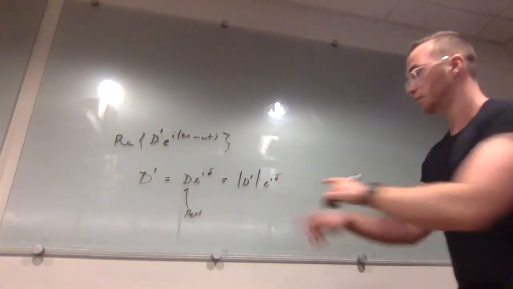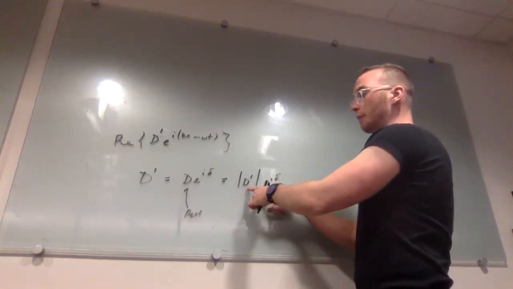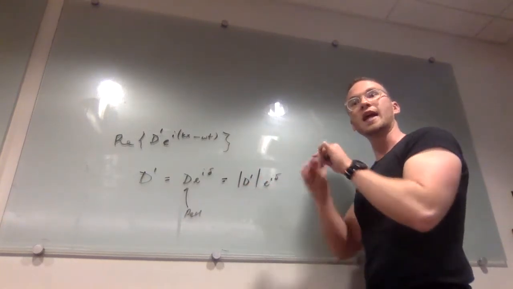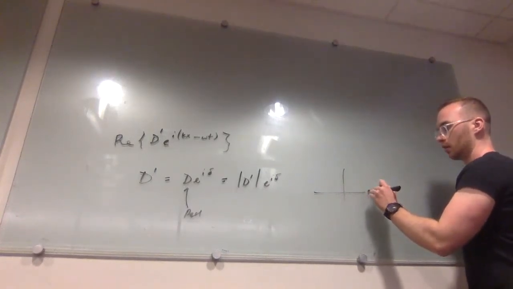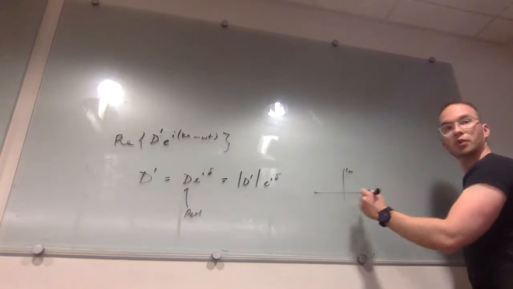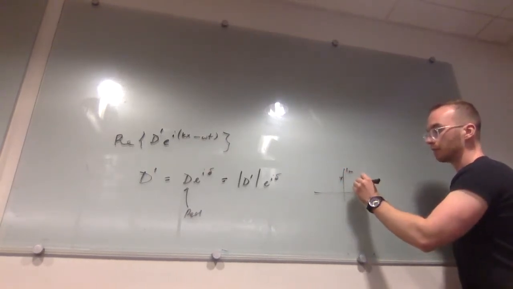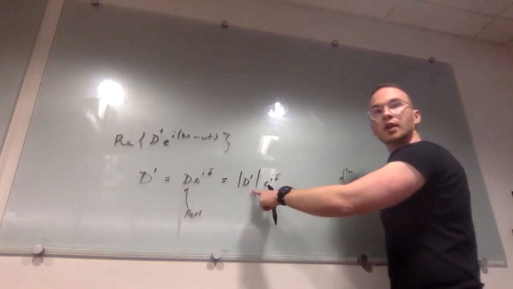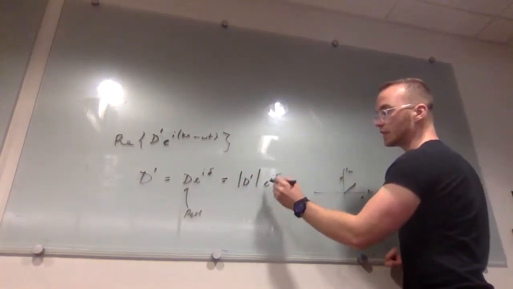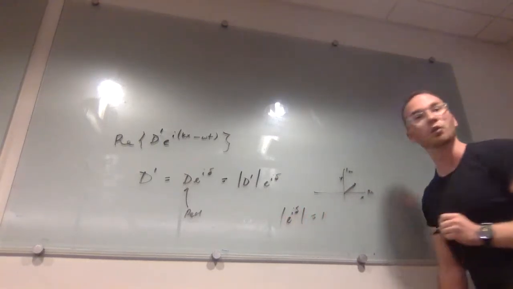The absolute value, or the modulus as sometimes they call it, of a complex number is just the length. Complex numbers live in this plane of x plus iy, right? So this is the y and this is the x. And the length of this vector is called the modulus. And for a phase, e to the i anything, the length is exactly 1.